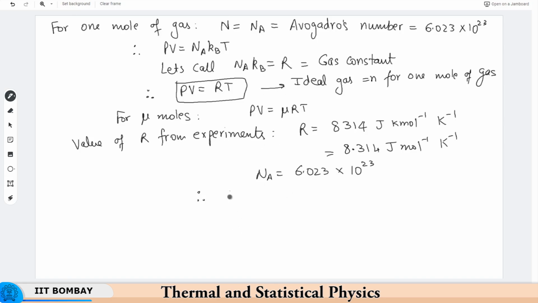So our kB turns out to be 1.38 into 10 raised to the power minus 23 joule per Kelvin, right. So everything here is in SI units, all right. And Kelvin is a unit of temperature, right. I'll come back to how we really define this temperature scale, but conveniently we give it another unit, which is Kelvin for the temperature.